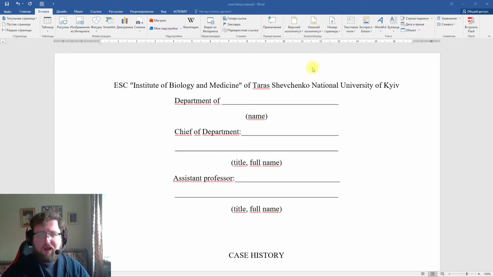But I clearly understand that this is a very hard task. This is one of the hard tasks which confronts a student of the third course.